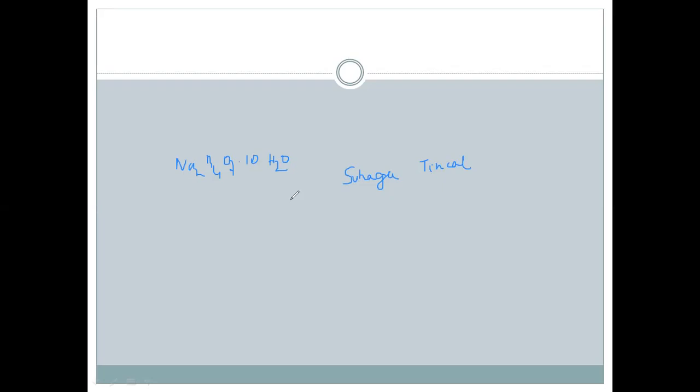When this glassy mass is brought into contact with a basic oxide, they form metaborates. And these metaborates of the basic radical have characteristic colors. If copper is there, I get a blue color. So it is used in the qualitative analysis of the basic radical to know which basic radical is present.